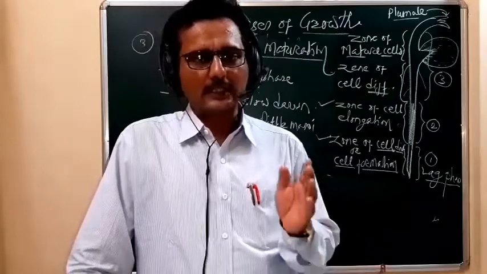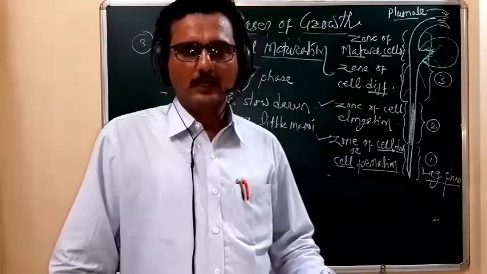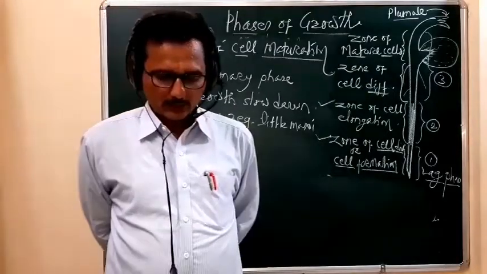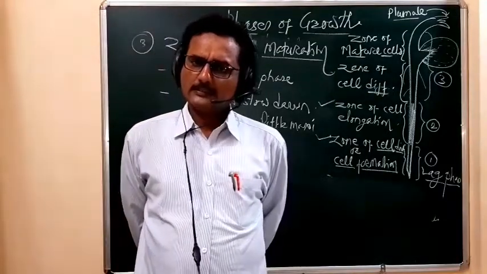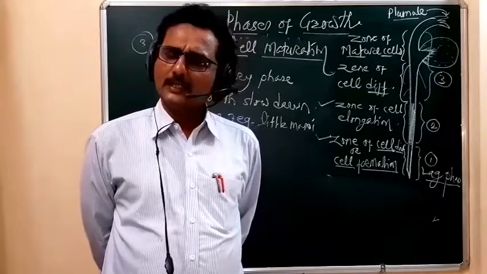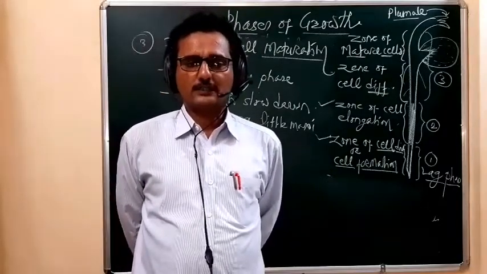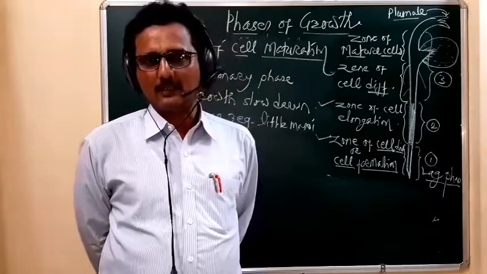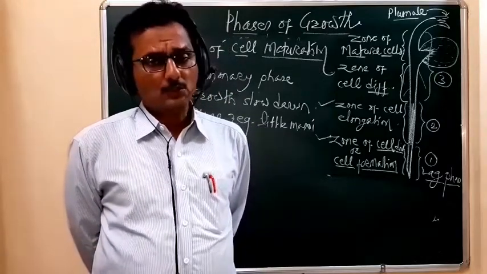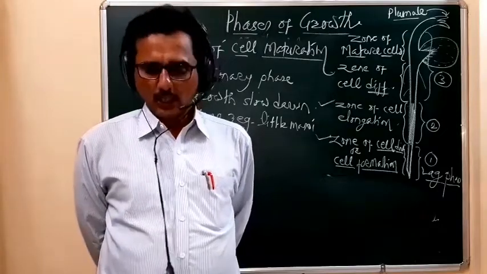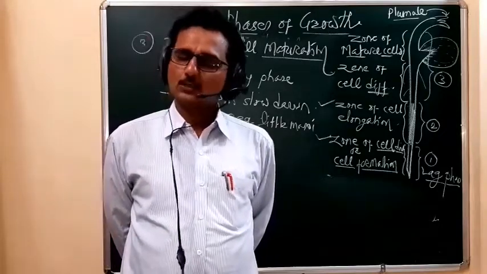And when the cells get differentiated, it is followed by cell maturation. The differentiated cells mature there. So when there is cell differentiation and maturation, automatically the growth slows down.